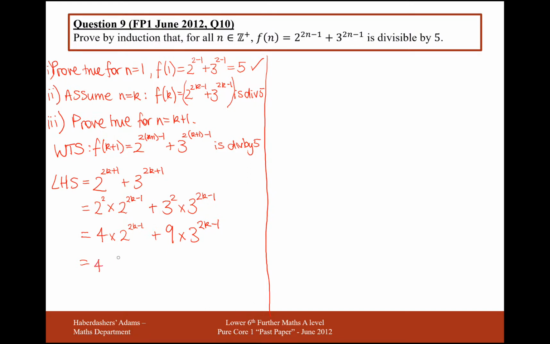So 4, and then I'm going to open some brackets and squeeze in as much as I can. 2 to the power of 2k minus 1, add 3 to the power of 2k minus 1. Great. I've got my assumption into my expression now. However, this isn't quite the same as what I had in my value above.